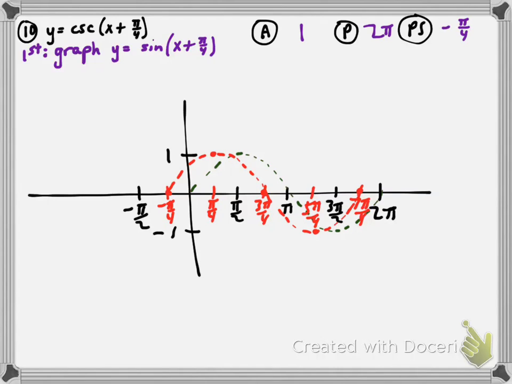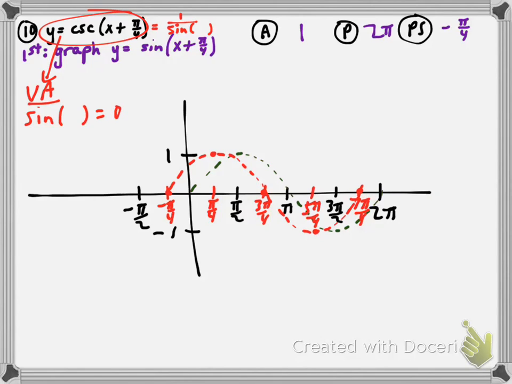Now we know that the cosecant is 1 over sine. So let me go way back up here and write equals 1 over the sine of this thing. Just like the cotangent and tangent, we're going to have vertical asymptotes where the sine of that thing is equal to 0, and we can clearly see those values right here.